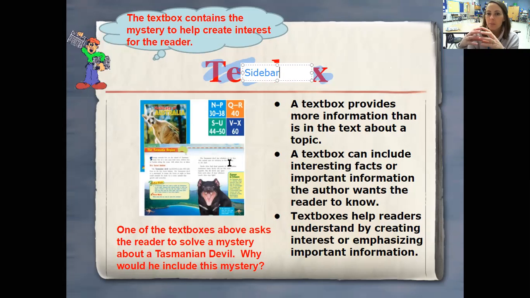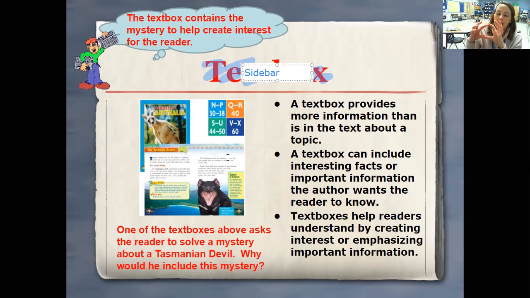It's a little box on the side or at the bottom of a text. And it includes interesting facts or important information that the author wants you to know, okay? So here's some examples. See this little box right here? That's a sidebar. So you'll see that a lot in nonfiction text.